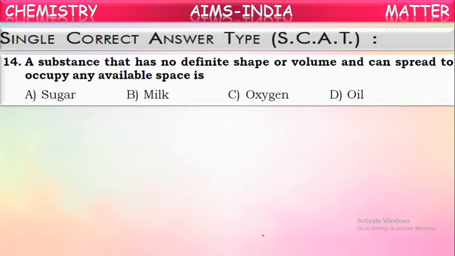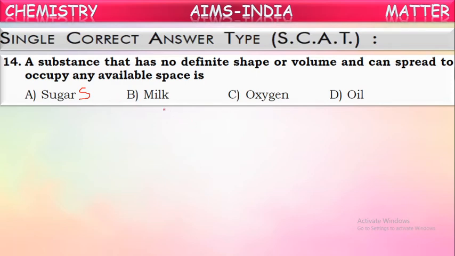Gases do not have either fixed shape or volume. So observe which of the given options represents a gas. See the first one, sugar. What kind of substance is this? Sugar is a solid substance. It has definite volume as well as definite shape. It won't come under this.